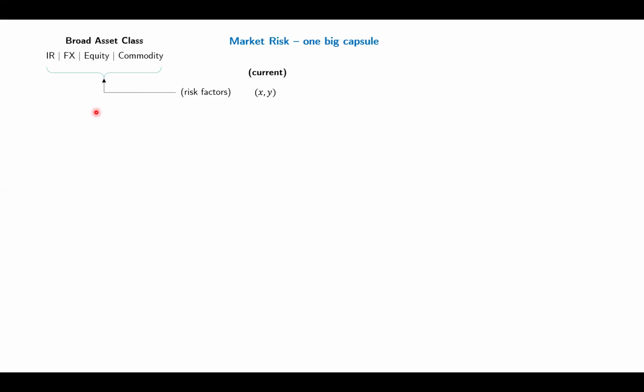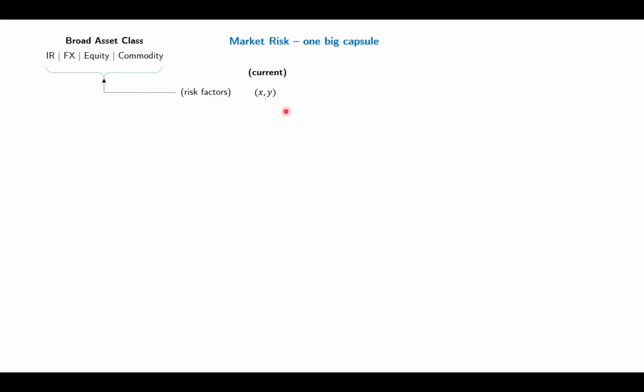Equity volatility, yes, exactly. That's correct. For volatility, again, it gets complicated. We have volatility smile, we have volatility surface, and all these things. We also have them under interest rate as well. For interest rate options like caps, floors, swaptions, we need the volatility as a risk factor as well. All right, so you have some understanding of risk factors and under which asset class they fall.